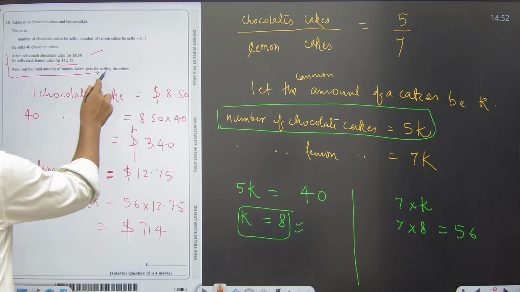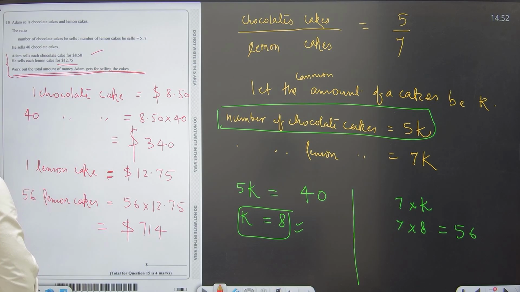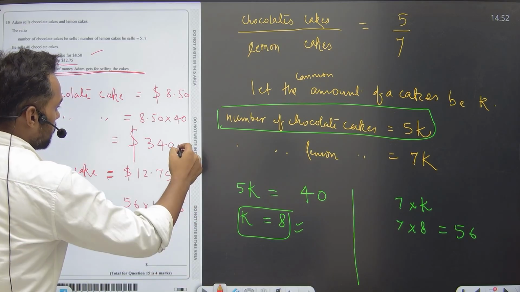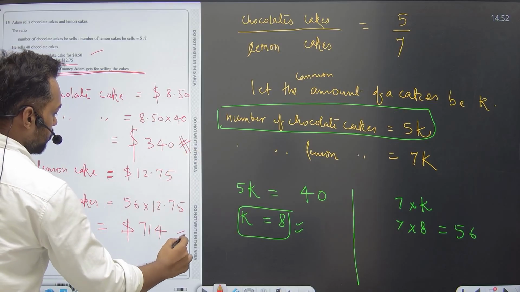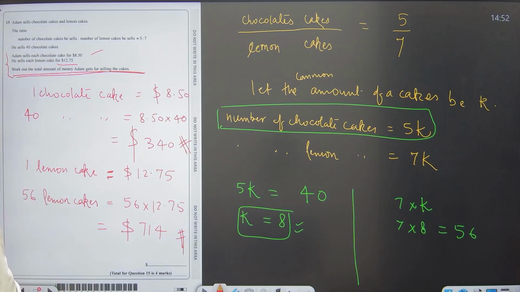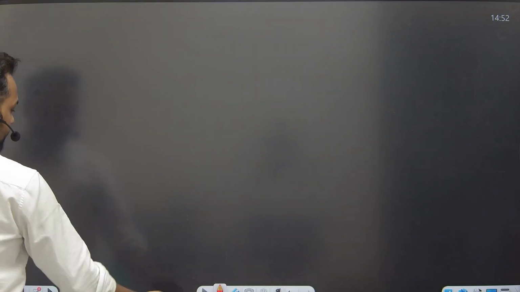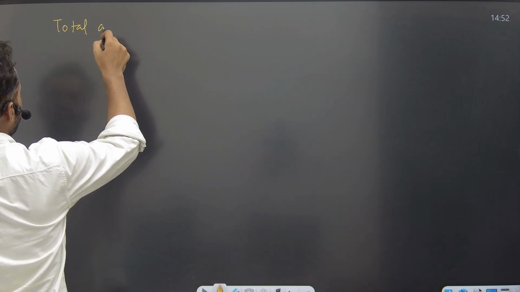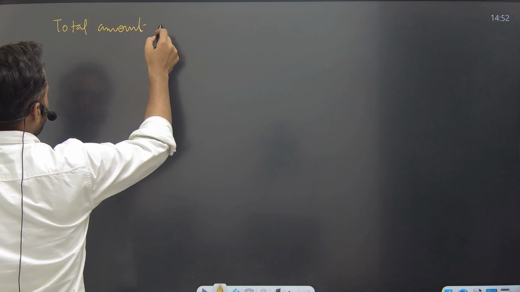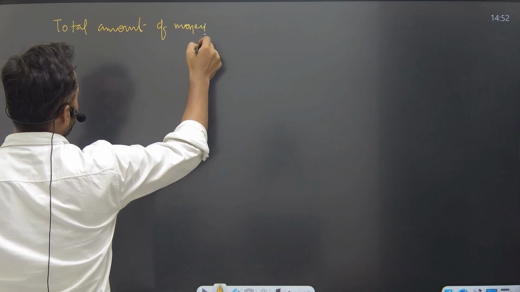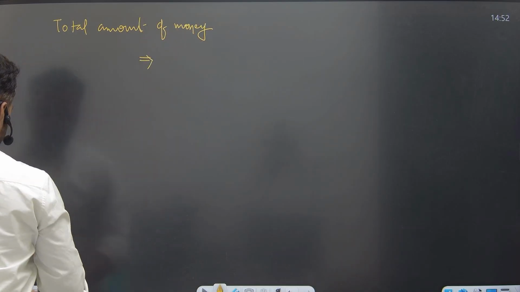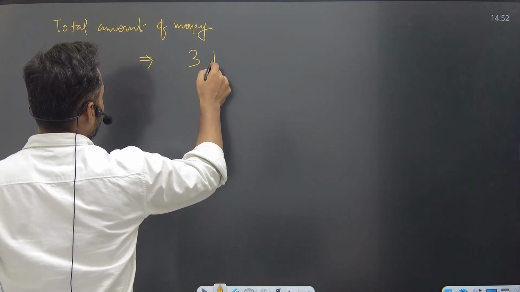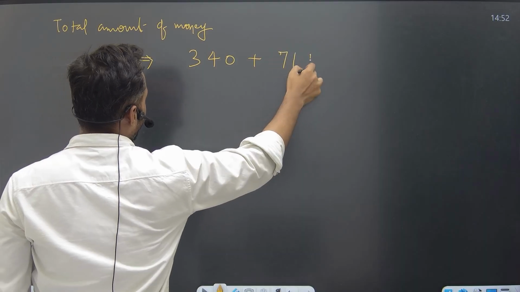Work out the total amount of money Adam gets for selling the cakes. So the total amount of money will be this particular part plus this particular part. So the total amount of money will be $340 plus $714.